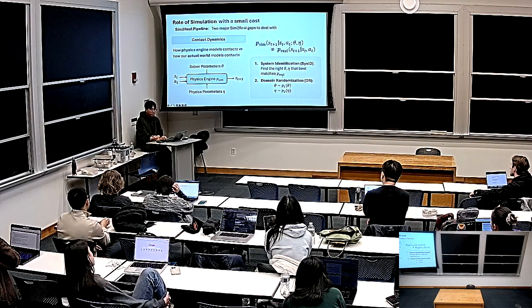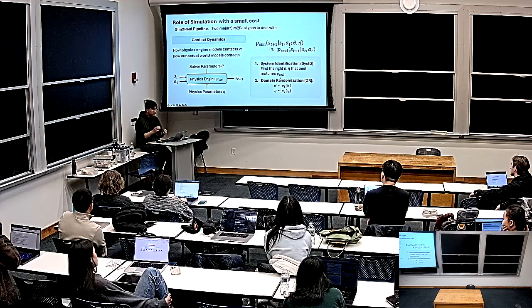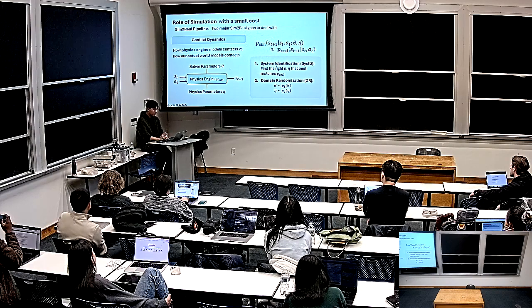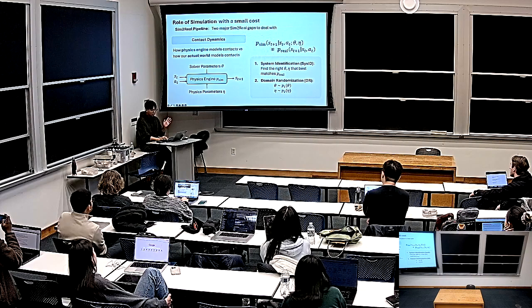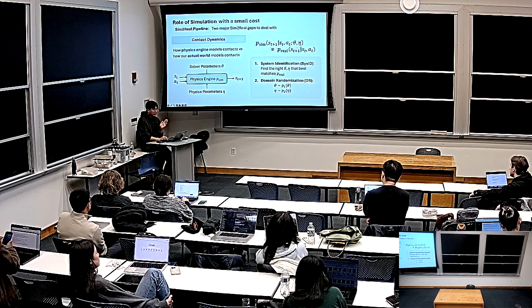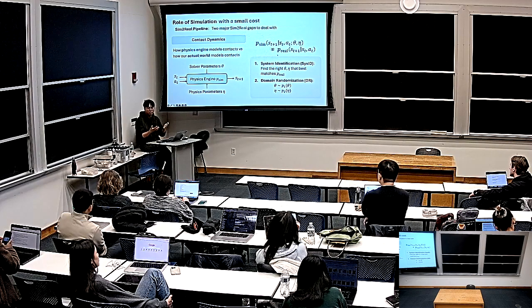There are two ways to solve this issue. First is what we call a system identification problem, in short SysID, which is to find and optimize these two parameters to match the real world's contact dynamics.